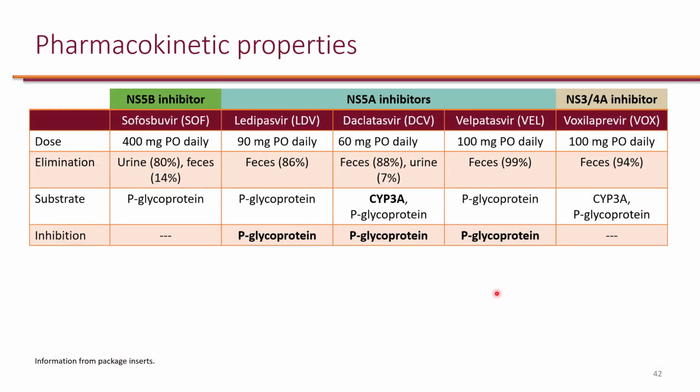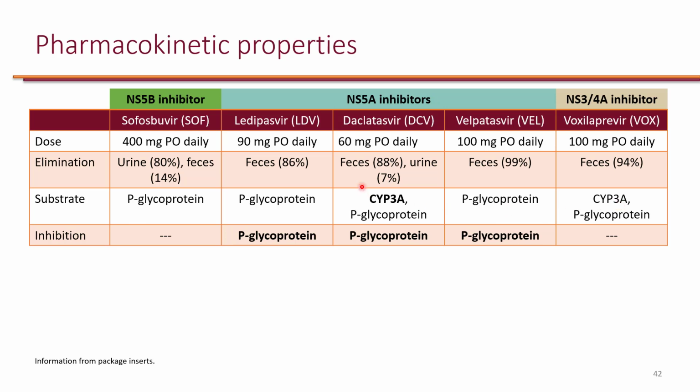When it comes to drug interactions, it's important to keep in mind that the majority of antiviral agents used for hepatitis C are substrates of P glycoprotein. Especially sofosbuvir, which is the most commonly used agent, is a P glycoprotein substrate, as well as ledipasvir, daclatasvir, velpatasvir, and voxilaprevir.